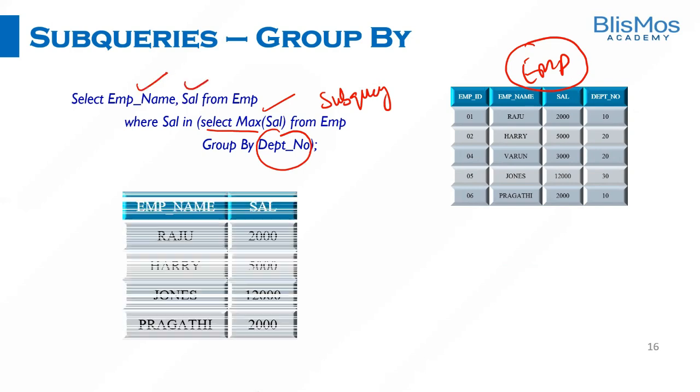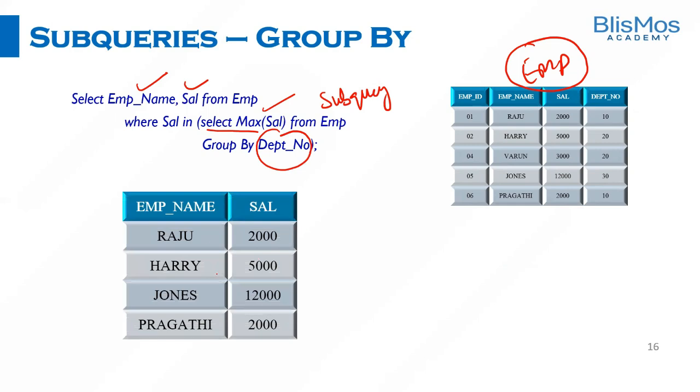That will give a result of Raju 2000, Harry 5000, Jones 12,000, Pragati 2000. Why do we have two records here? Because in department number 10, we have only 2000 and 2000. They are the same salaries, right? That is the reason we are having these two values, because the names are different. If you had not chosen the name, then only 3 records would be there.